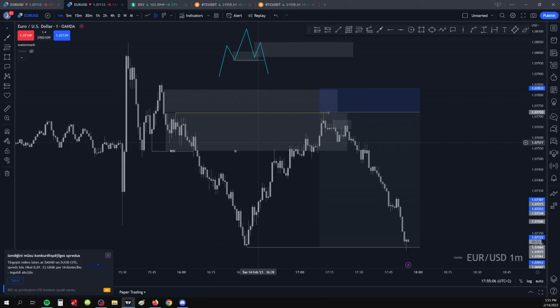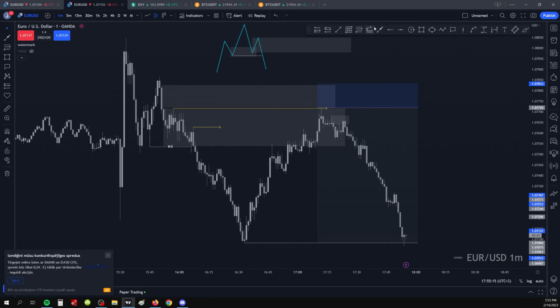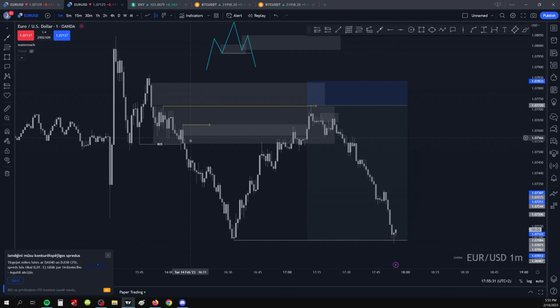The dumbest thing would be to enter here, because this is also a clear liquidity point. You never enter on these. As you can see, it gave you a small reaction, and then it just took off with a huge move. There is no liquidity point here.